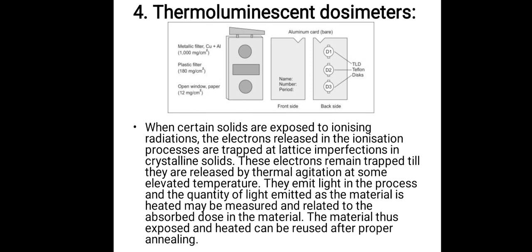The electrons remain trapped till they are released by thermal stimulation at some elevated temperature. They emit light in the process, and the quantity of light emitted as the material is heated is measured and related to the absorbed dose. The material thus exposed can be reused after proper annealing.